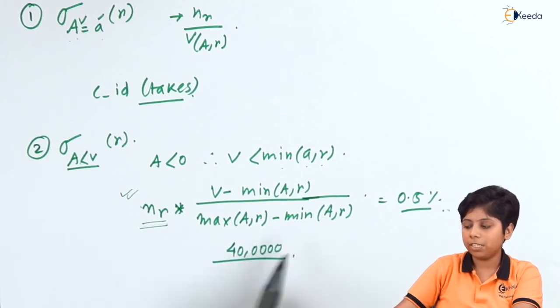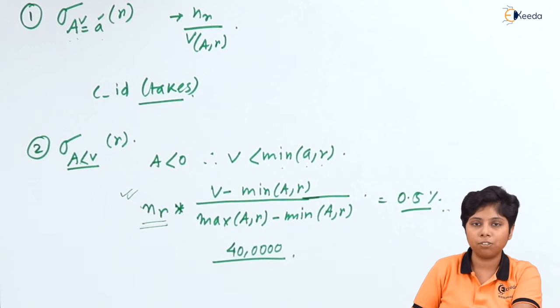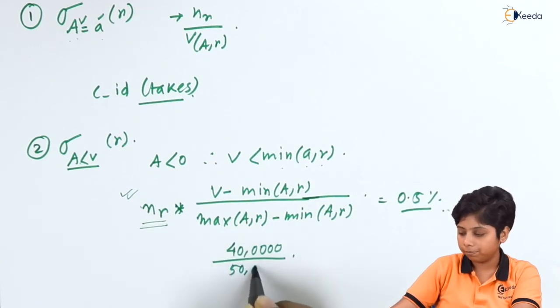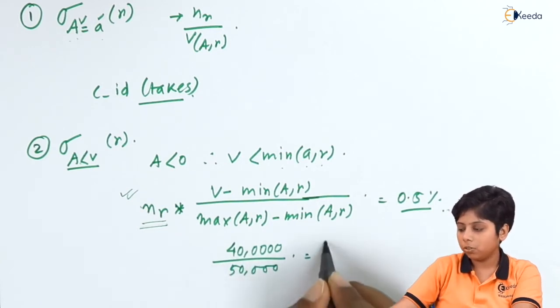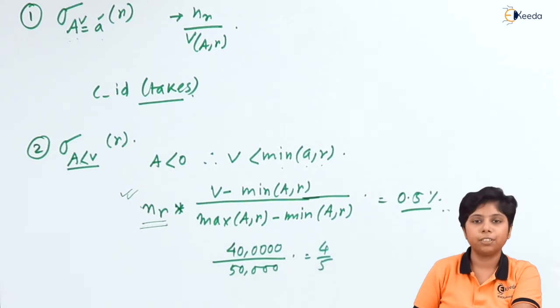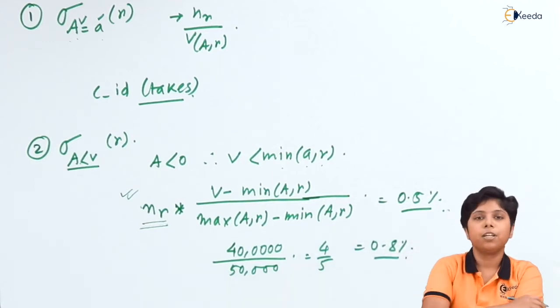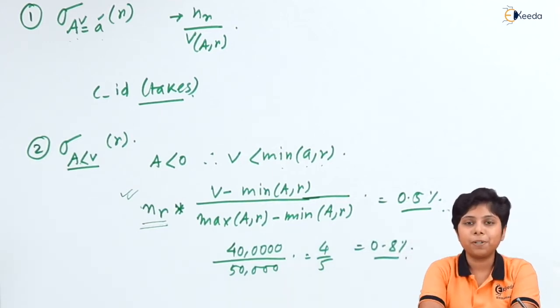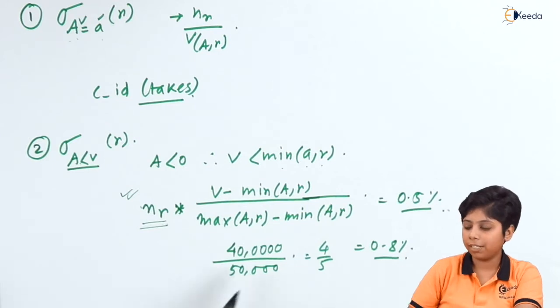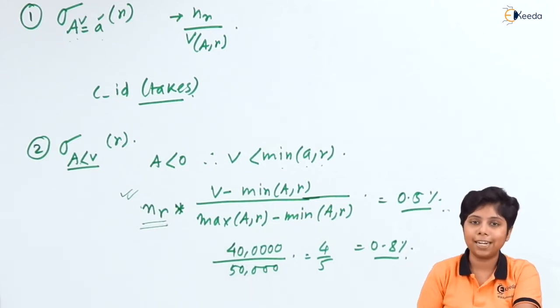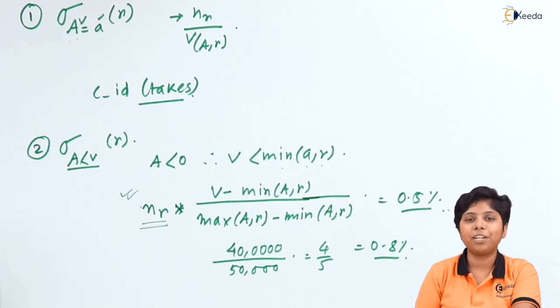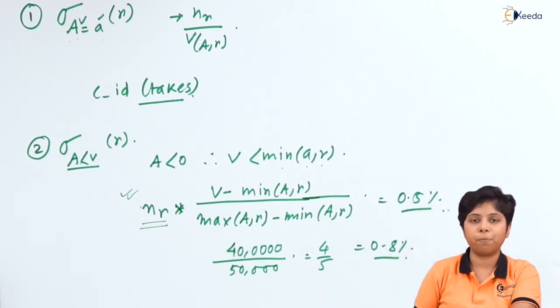And the range is 1 lakh minus 50,000, that is 50,000. So it is 4 by 5, that is around 0.80. So now we can say that 80% is the chance of having a salary less than 90,000, and if it is 75,000 then it will be 0.5.